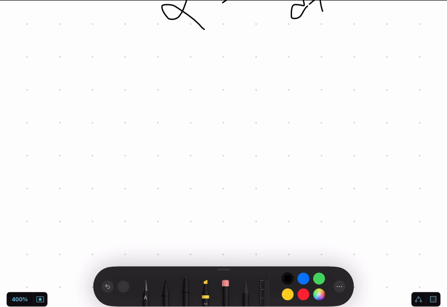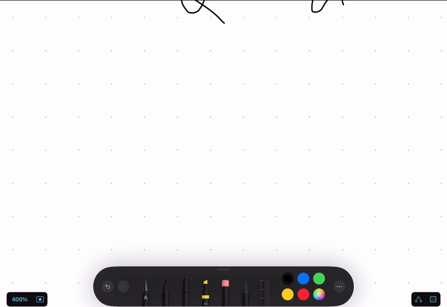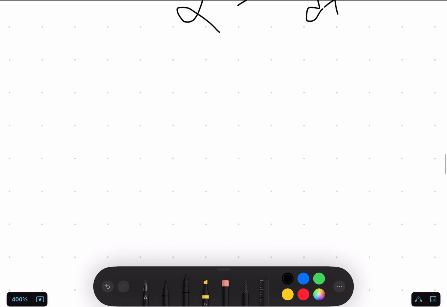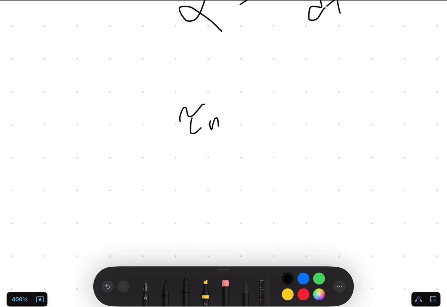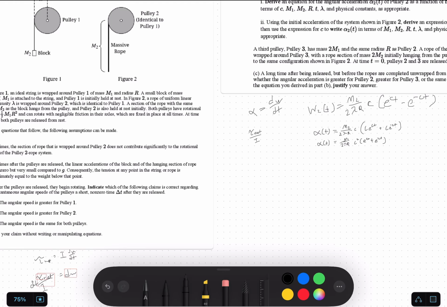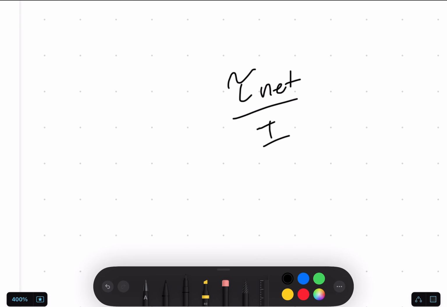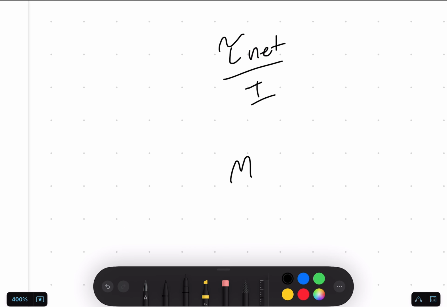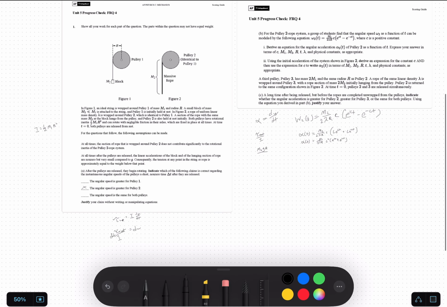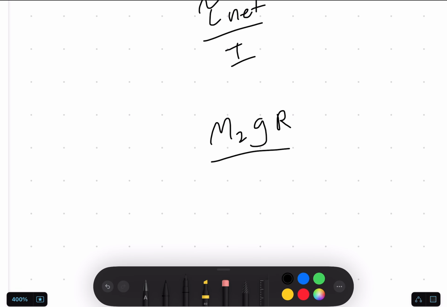And the initial acceleration is given by the hanging rope weight from pulley 2. So it would be the net torque divided by the inertia. The force that's providing that torque is gravity. So we have m2 g r divided by inertia, which was 1/2 of m1 r squared.